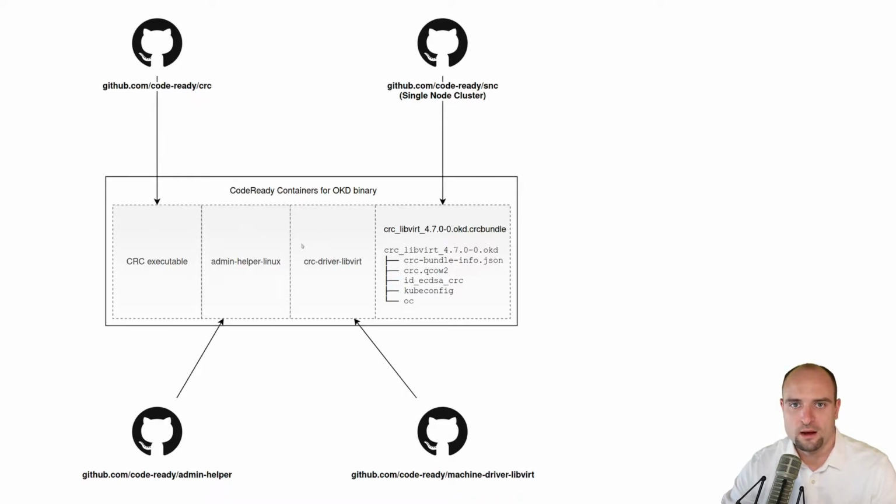As there is a lot of work to do, I divided this effort into 2 videos. In this video, we are going to build the CRC bundle. And then in the follow-up video, we are going to build the CRC executable, as well as assemble the final CodeReady Containers for OKD binary.